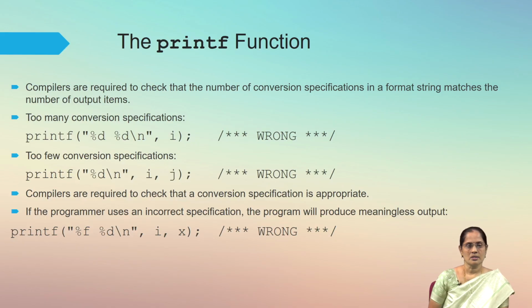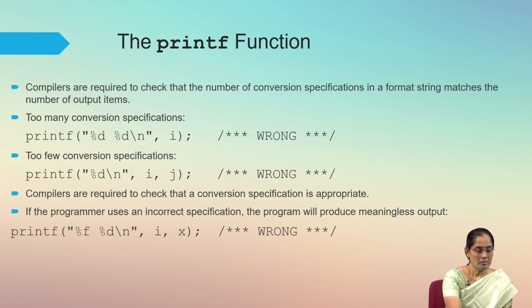The first thing is that the compiler has to check whether the number of conversion specification strings matches the number of output items. When I am using two conversion specifications in the format string, I should also give two variables after the format string. If the number is not matching, we will get an error from the compiler.